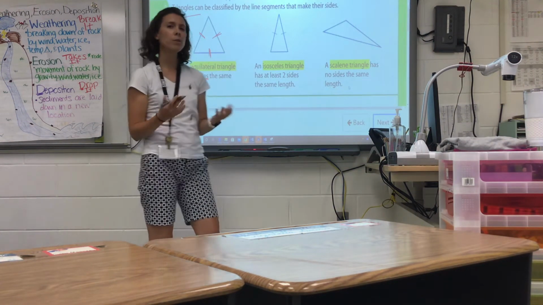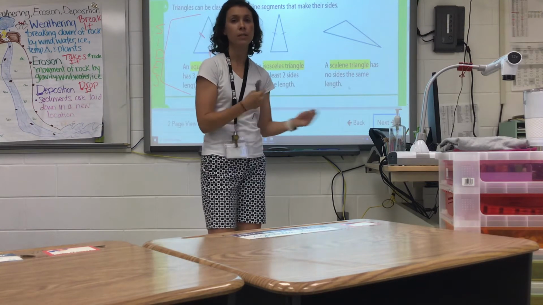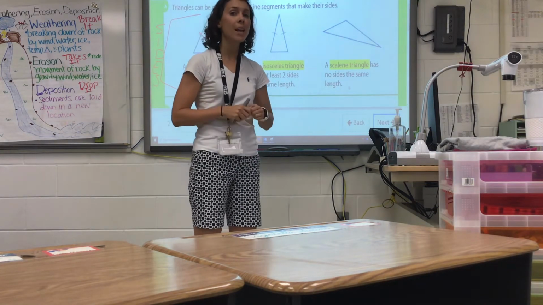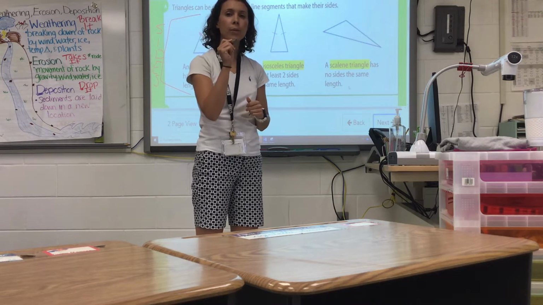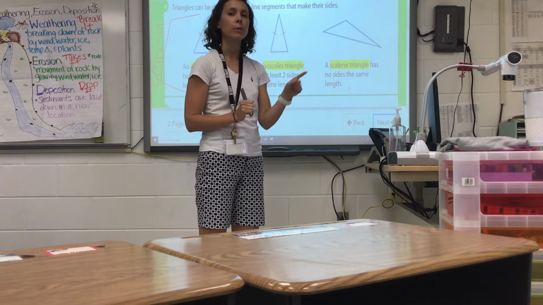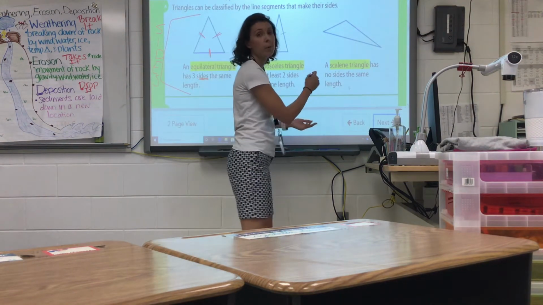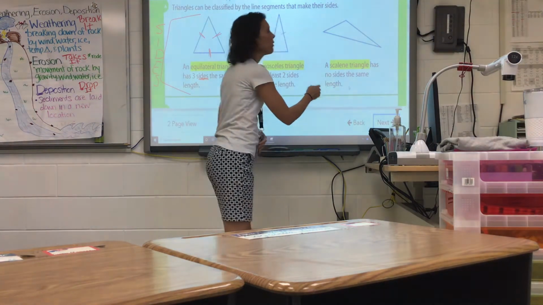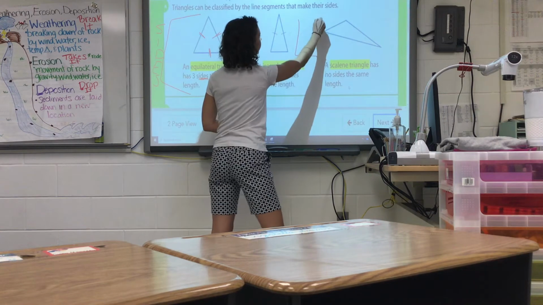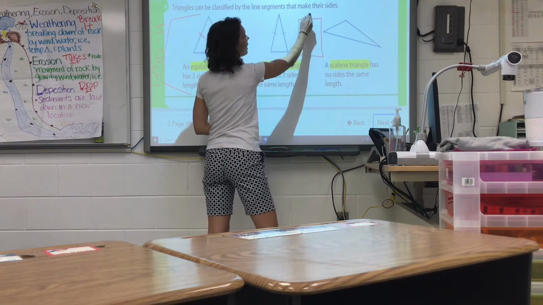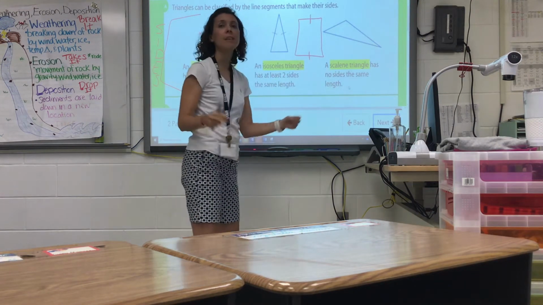Now, I don't know if you already know how to determine if sides are the same or not, but when sides are the same, you just put one line through it and then one line through the other one to show these are the same. Remember when we talked about quadrilaterals? I'm going to draw a rectangle quickly here. I'm going to put a line here and a line here. That's showing me that these are the same.